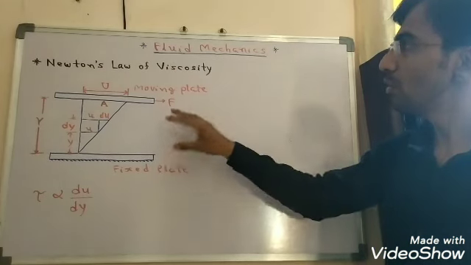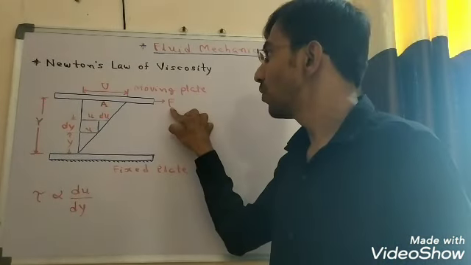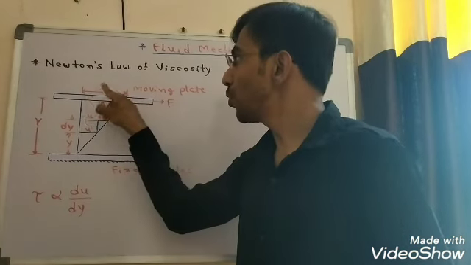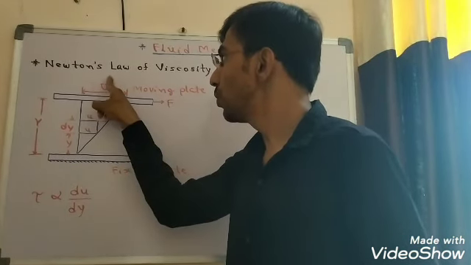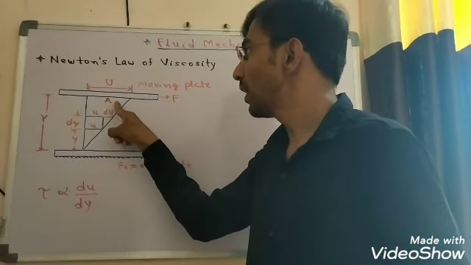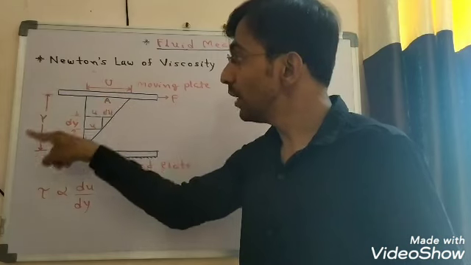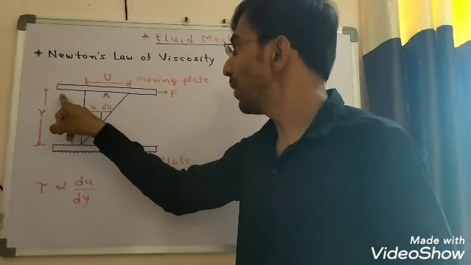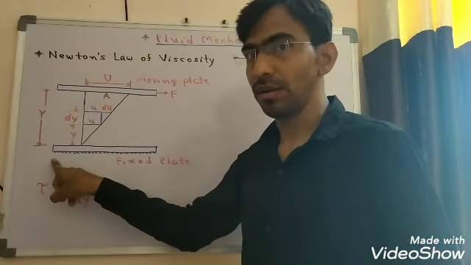This force F is directly proportional to velocity u and area of contact A, and inversely proportional to distance y from the moving plate to the fixed plate.